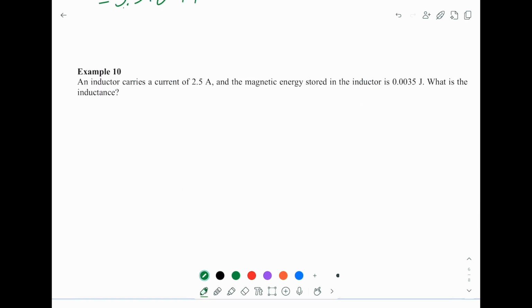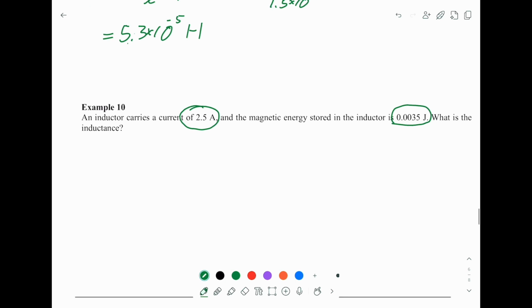An inductor carries a current of 2.5 ampere. Magnetic energy stored in the inductor is 0.0035 joule. What is the inductance? So remember, the energy stored is half L I squared.